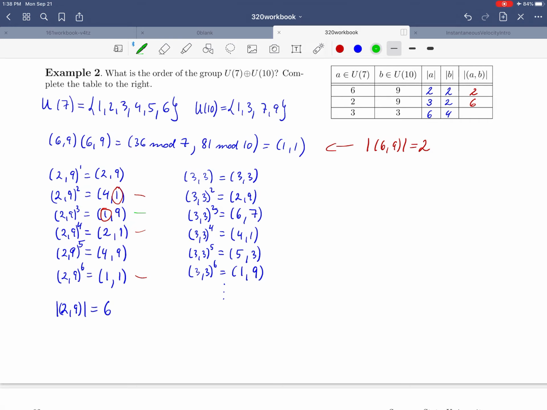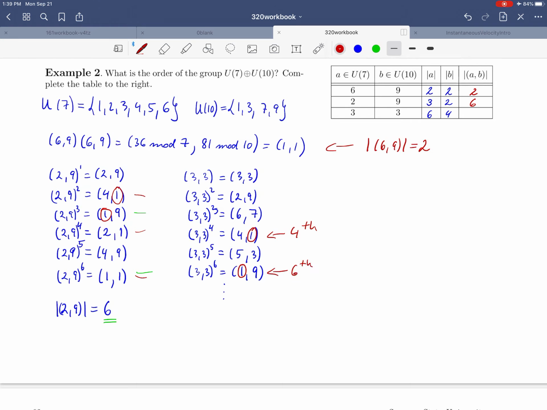So every fourth entry, I will get a 1 in the second coordinate, and every sixth entry, I'm going to get a 1 in the first coordinate. So when are we going to get a 1 and a 1? What does our power have to be? Well, it has to be a multiple of 4 and a multiple of 6, and 12 is the first one that's going to work. So, do you see the pattern right here?